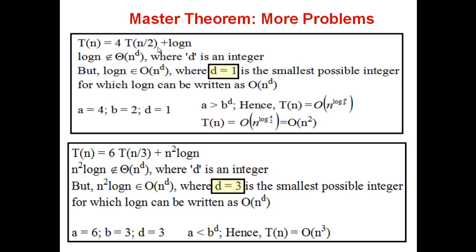When you use the big O notation, we need to use the format n raised to d also here, and pick a d that is close enough to log n as an integer. So the closest value for d to the log n function is d equals 1. So we have found the d term.